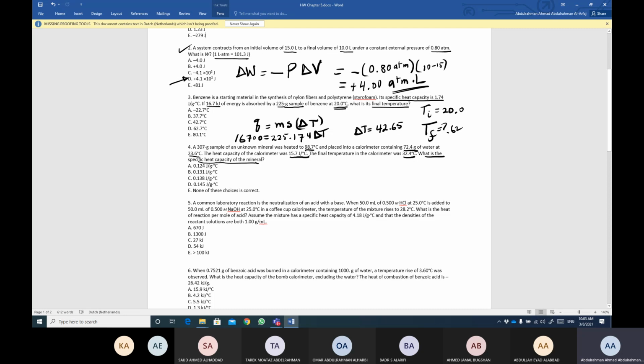Okay, what do we have here? We have Q of surrounding, which is the calorimeter. Q calorimeter is equal to what now?